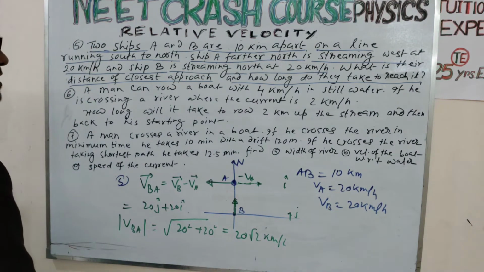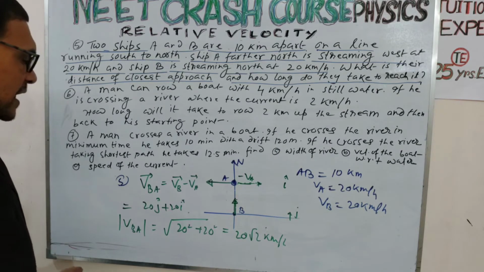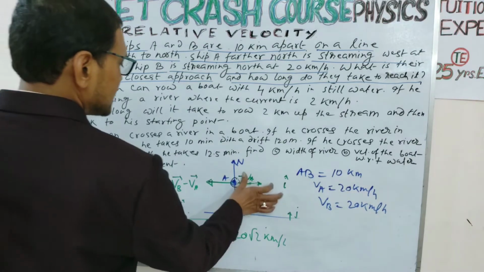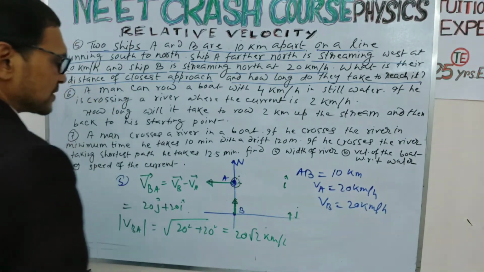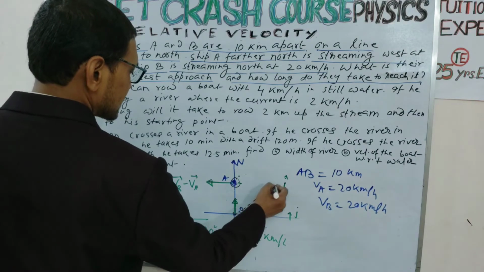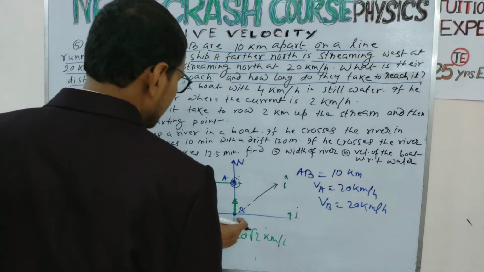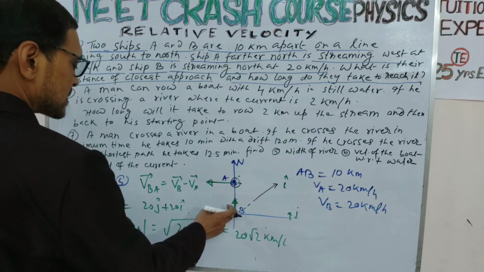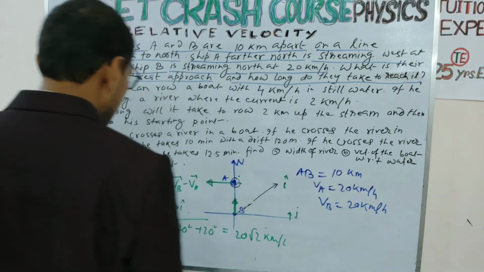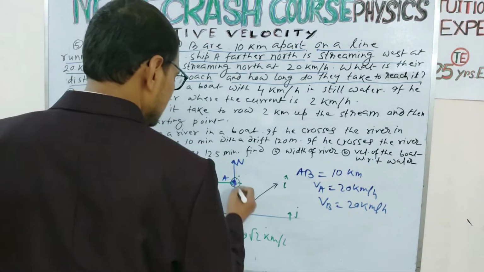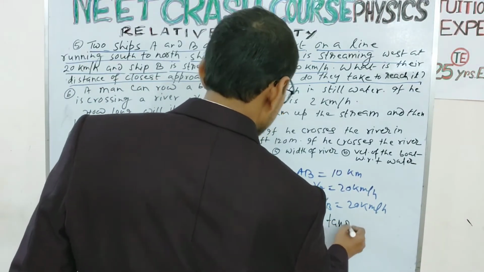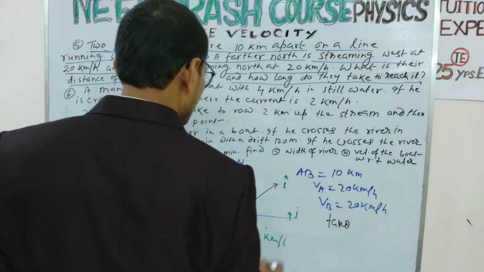Now for this type of problem we can assume that A is at rest. So if the ship A is at rest, then the ship B moves with velocity VBA along this direction. So what is the direction of VBA? If we take this as theta, tan theta equals perpendicular by base.